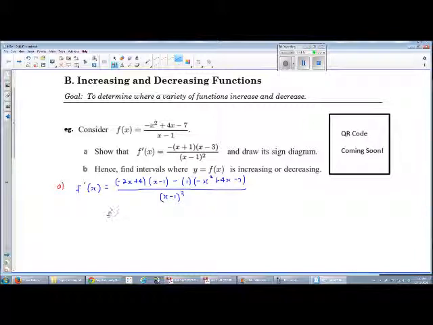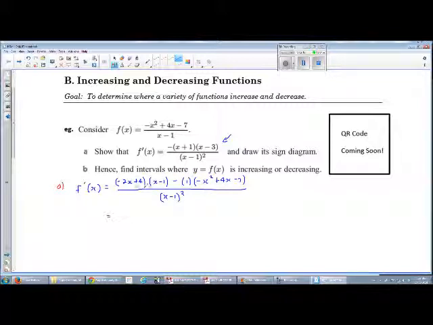Now it's just a matter of simplifying this a little bit. In order to draw a good sign diagram and find out where there are x intercepts and vertical asymptotes, it's probably a good idea to simplify this as much as possible, and that's why we're aiming to show that the derivative is as asked here in part A. We can try to do some factoring, but there's not really much to factor out here at all.